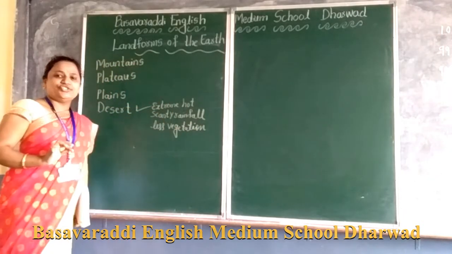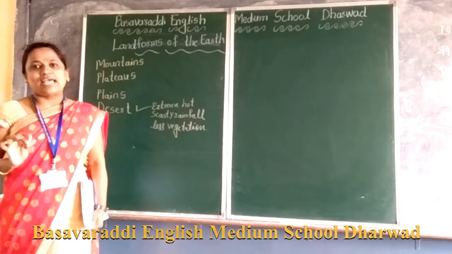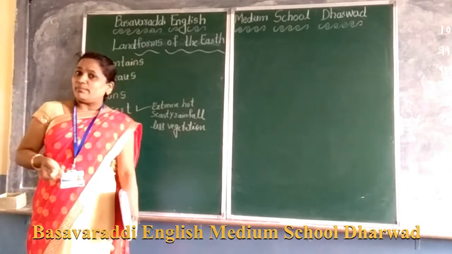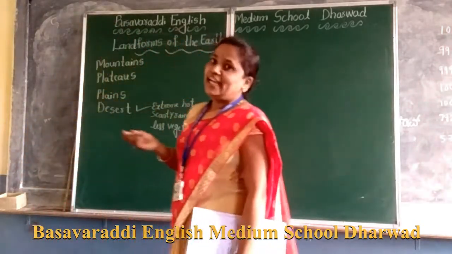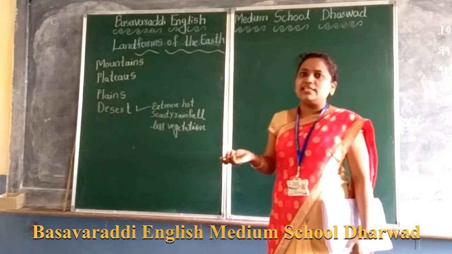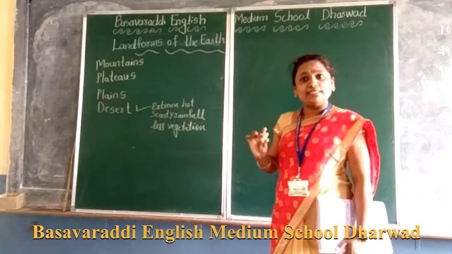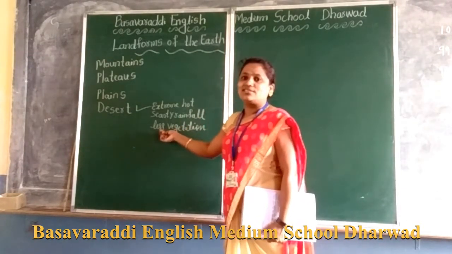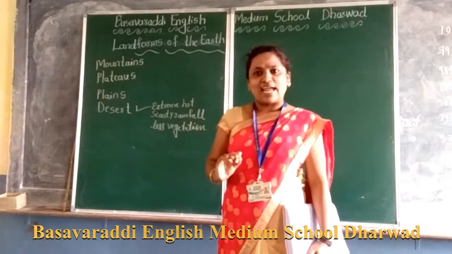In desert region, wherever we see, everywhere sand. In Dharwad, in Hubli, in Bangalore, wherever we see, we can find types of soil. But in desert area, in desert region, wherever we see, we can find only sand.